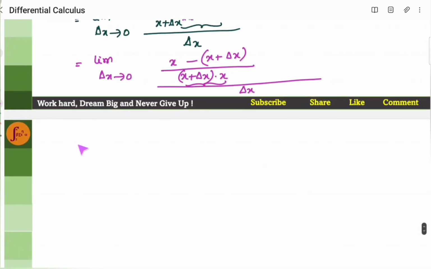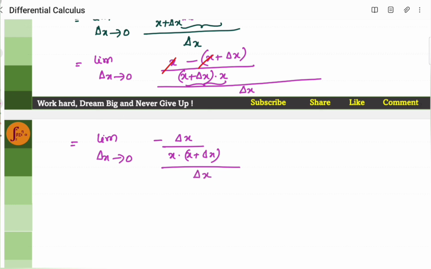So we'll get limit delta x tending to 0, x and x will get cancelled. So I'll get minus delta x by x into x plus delta x, by delta x. Now I can assume that it's delta x by 1, take it up.